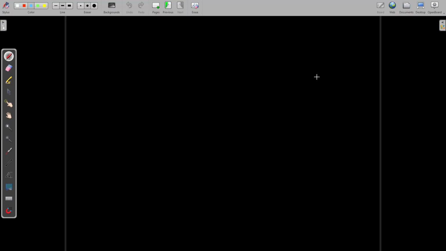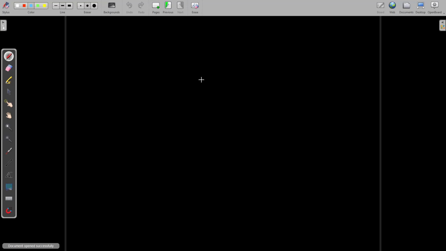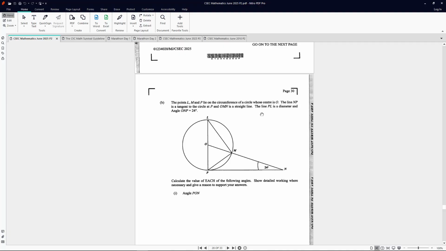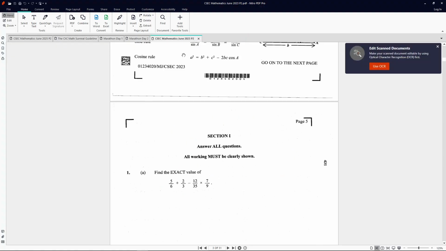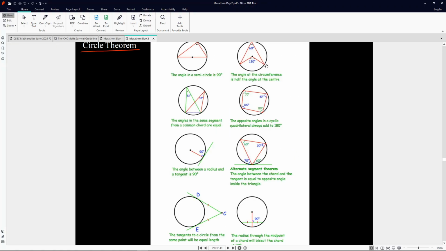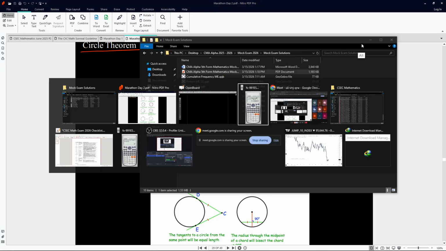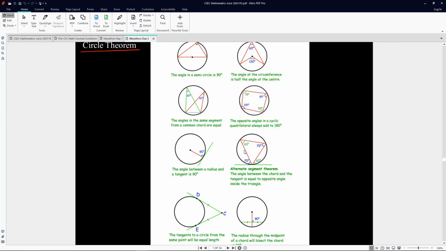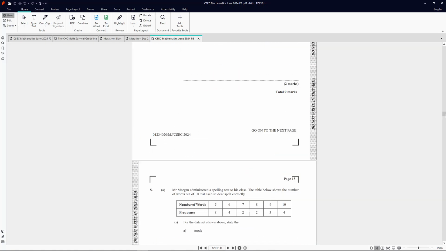Right, so let's see what else we can look at. Somebody has given me another year. 2024. Let's see.